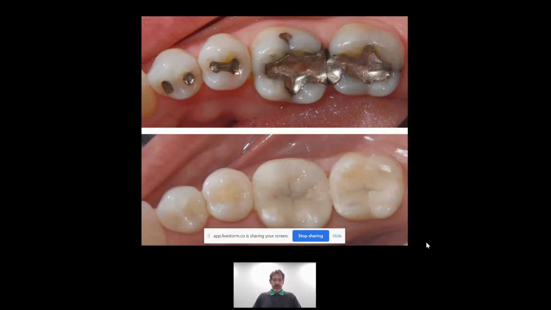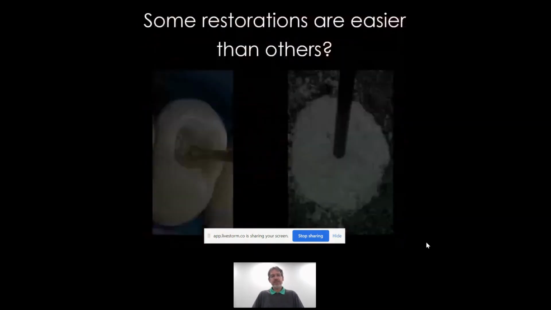And certainly with the improvement in tooth-colored restorative materials, we can really produce very lifelike restorations. As I alluded to a little earlier, amalgam certainly was a very good material many years ago, but at the end of the day, I think your patients want their teeth to look like teeth.